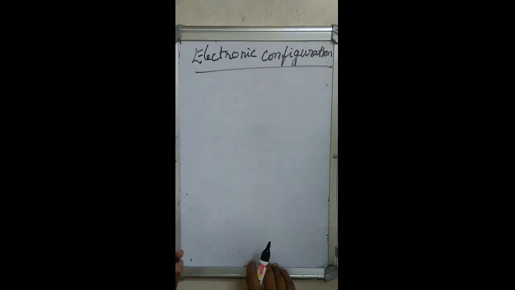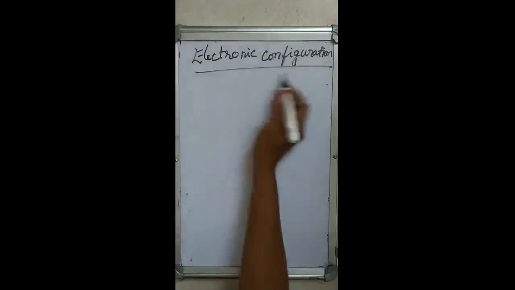Usually a question will be asked about electronic configuration, like write the electronic configuration of hydrogen atom, or write the electronic configuration of lithium, which has atomic number 3. So you should know the atomic number as well as its element.